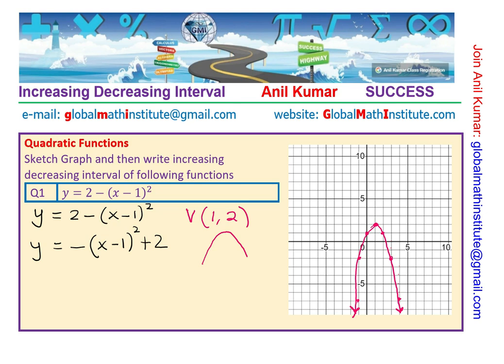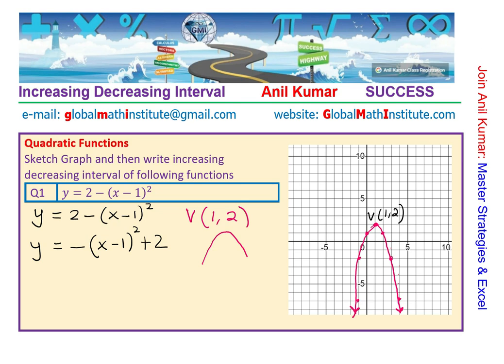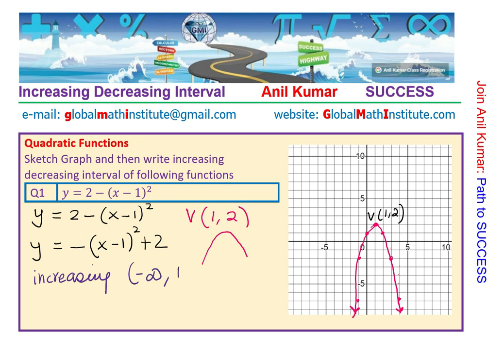Let me rewrite the vertex V as (1, 2). And that gives us increasing and decreasing interval. Initially, the graph is increasing from minus infinity to x equals 1.